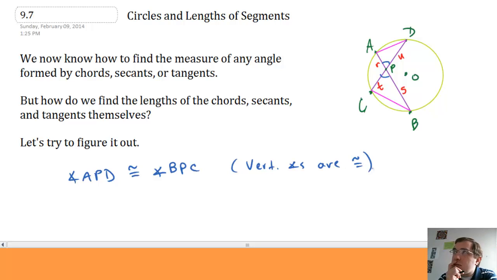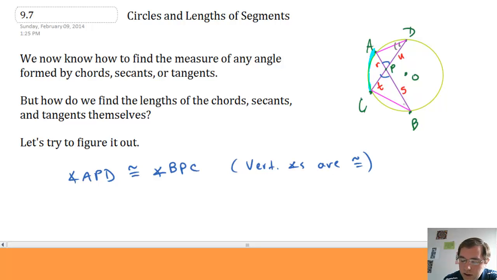That's nice. Do I know anything else about these triangles? There's no parallel lines, so I don't have any kind of alternate interior angles or anything like that. But these are inside of a circle, so we must have to use that. Well, angle ADC, this angle up here, that's an inscribed angle, and its measure is going to be half the measure of arc AC.